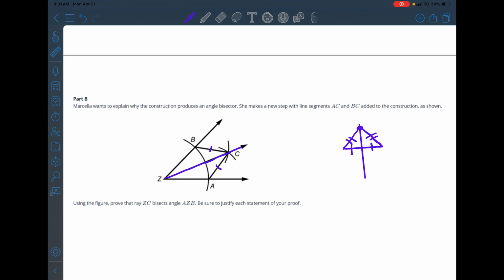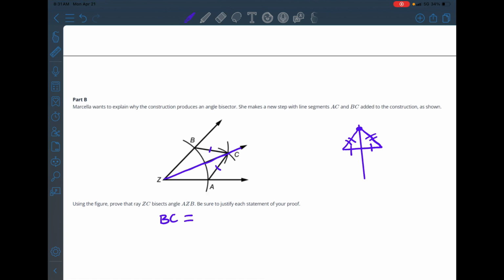So if we did that, we could say BC is congruent to BA. That's a good word, congruent. So therefore, there we go. Therefore, ray ZC is equidistant.